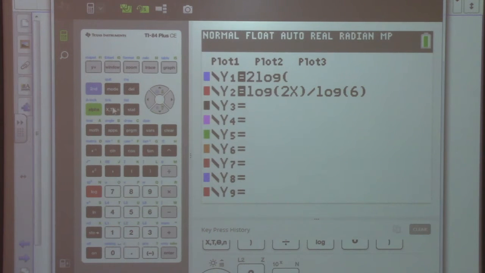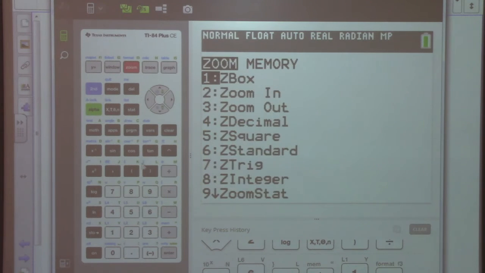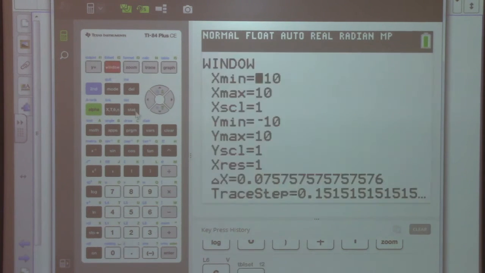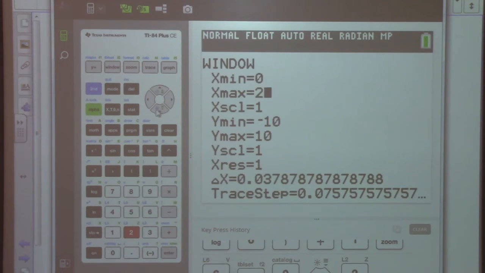We already have the window all messed up, so I'm going to go to zoom 6 to get to a standard window again. So that's going to work, right? It's not a real tight view, but we can take a tighter view. We can go 0 to 2, and like -2 to 2.